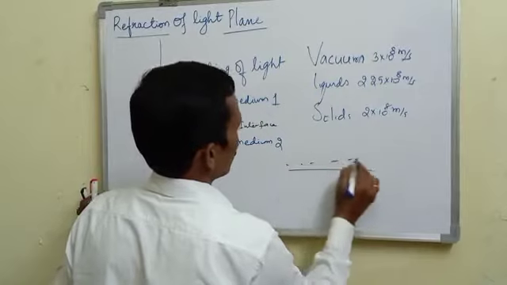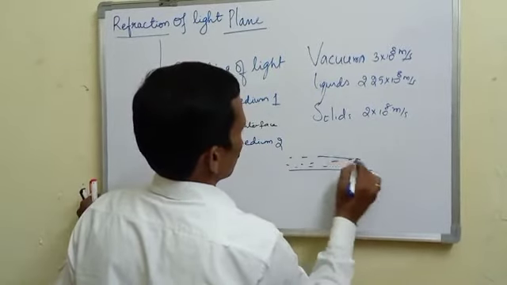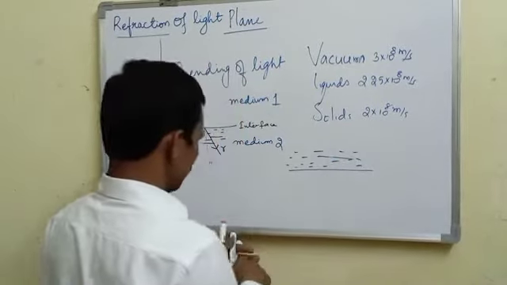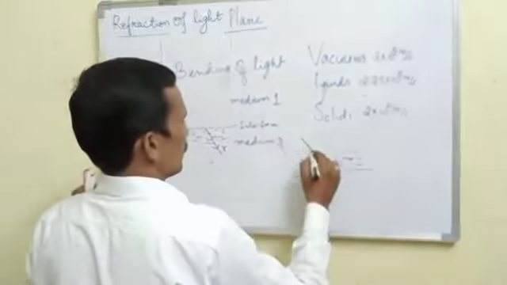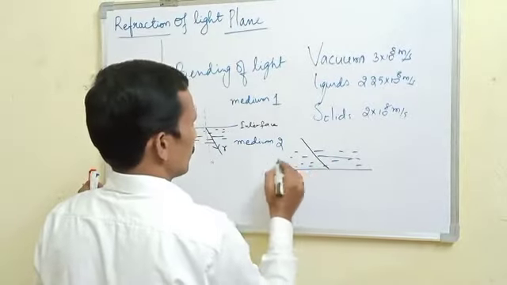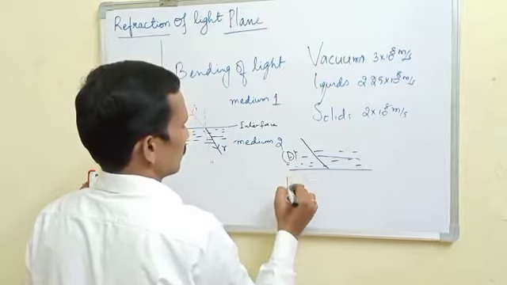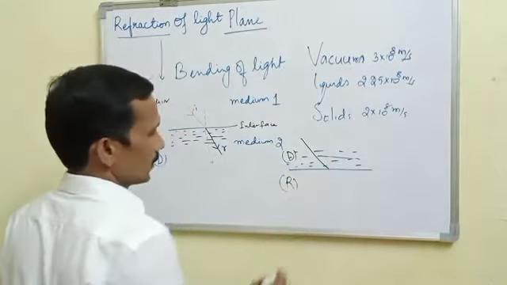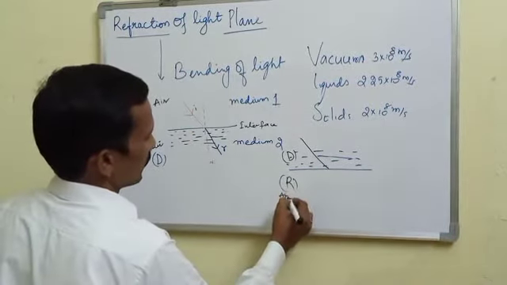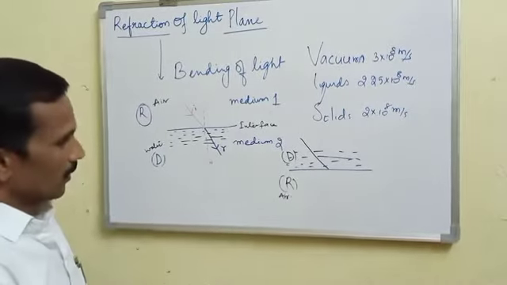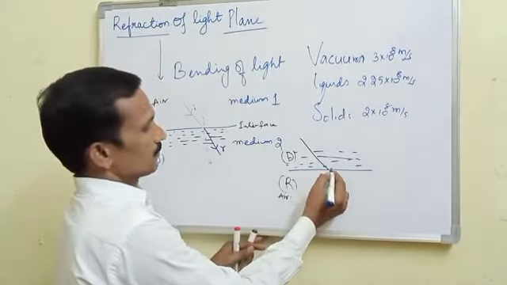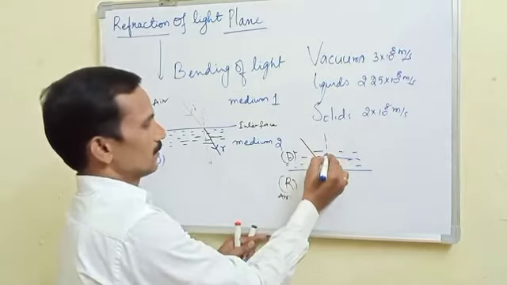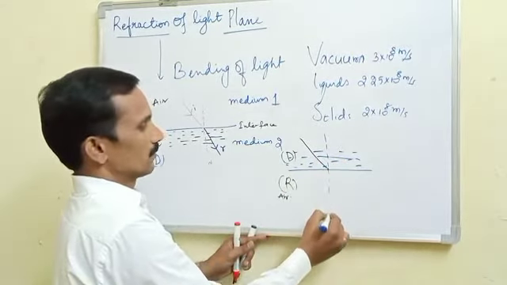And when a light ray travels from denser medium to rarer medium, this is the denser medium now, this is the rarer medium. This is water here, here it is air. At the point of incidence, we took the normal here. This is the normal.